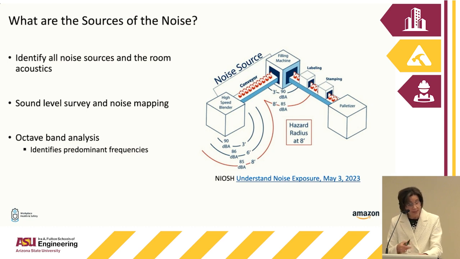So for existing operations, you have to obtain sound level surveys and noise mapping and measure background sound pressure levels from each noise-producing equipment, and then you have to figure out how you're going to mitigate that noise. Where are you going to focus your noise controls?